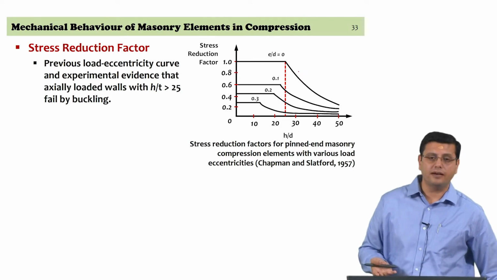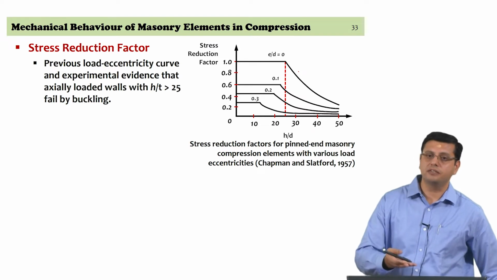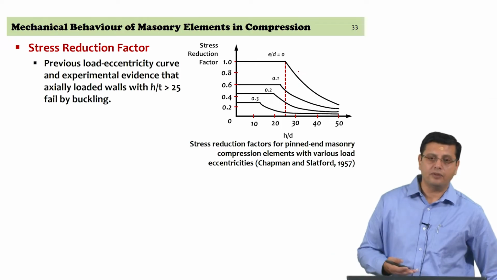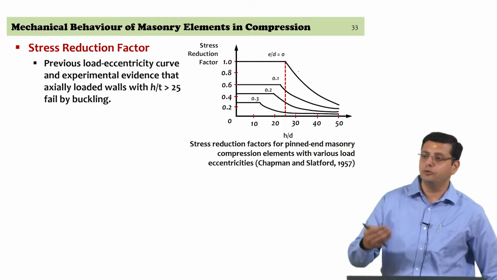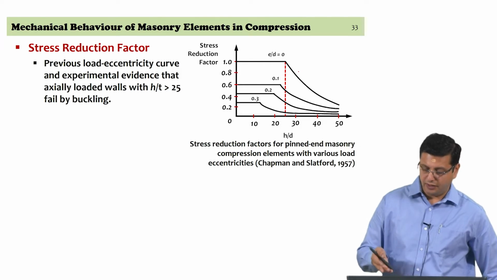this is the other way in which you would see codes giving you stress reduction factors that you should be using to account for second order effects, again as a function of H by D, and you would use different values for different eccentricity ratios as you can see.